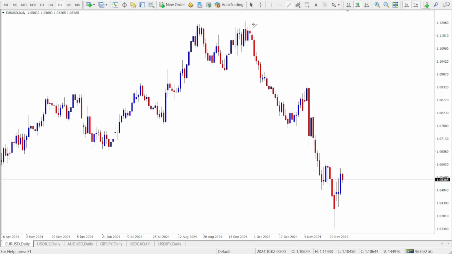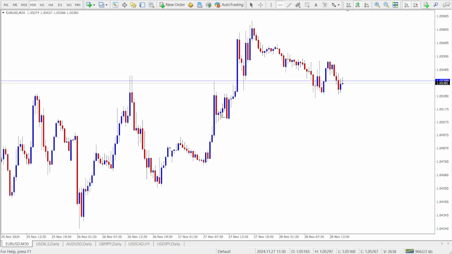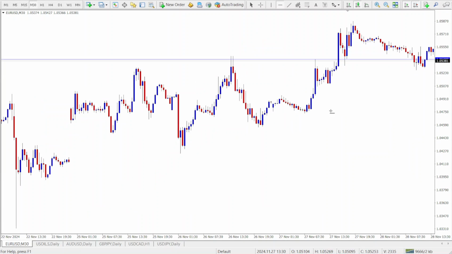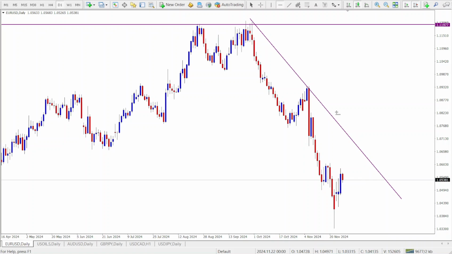For example, in this condition, we can see that we have a clear sell trend on the daily chart, and we can confidently say that this is a sell trend. If you go to smaller time frames, you might see a lot of noise, and at intervals you can see changes in trend direction. But on the daily time frame, you can see clear trend directions, like how we identified here a very clear sell trend.